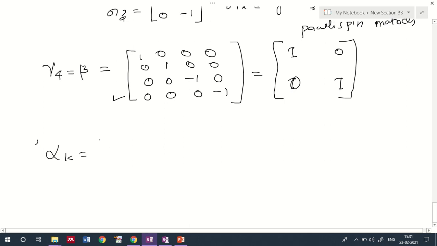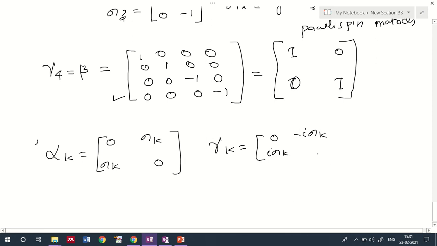In this case alpha k can be represented as 0, sigma k, sigma k, 0. Then gamma k will be equal to 0, minus i sigma k, i sigma k, 0.